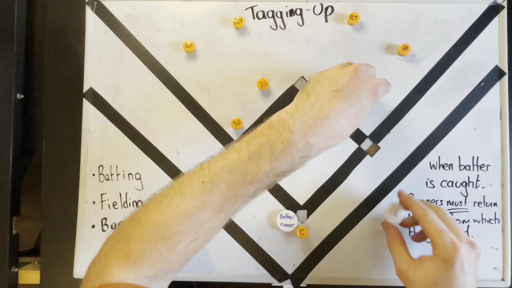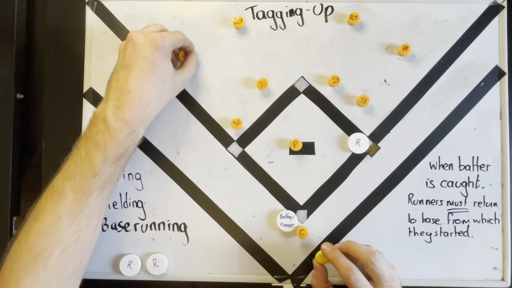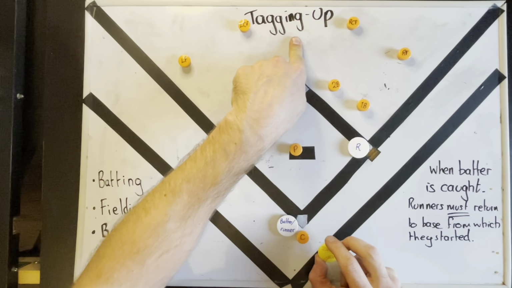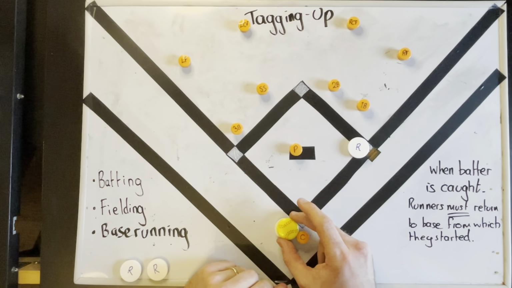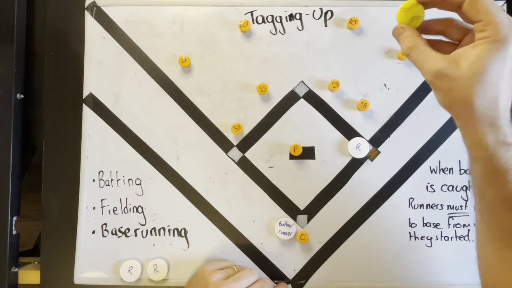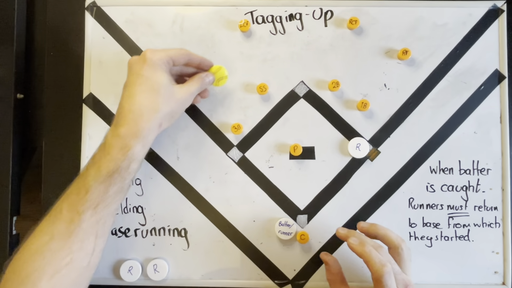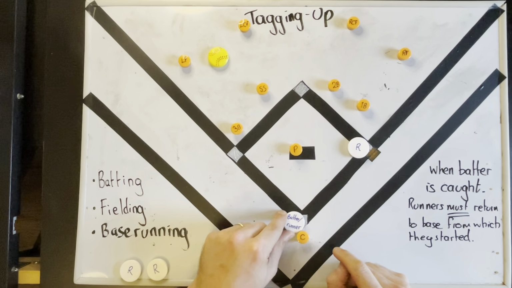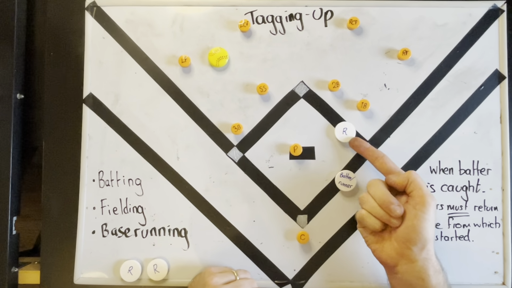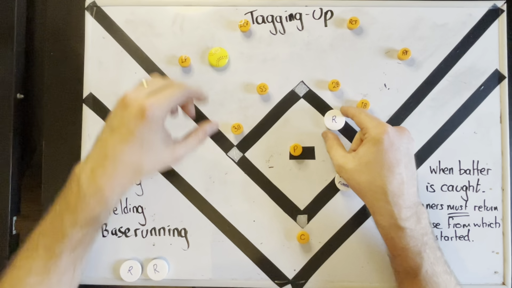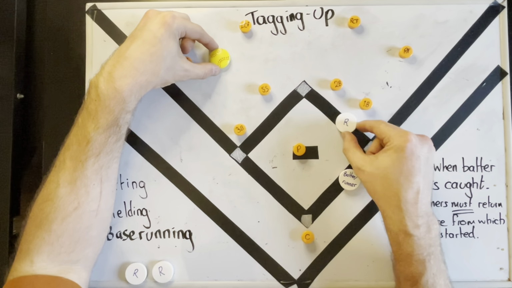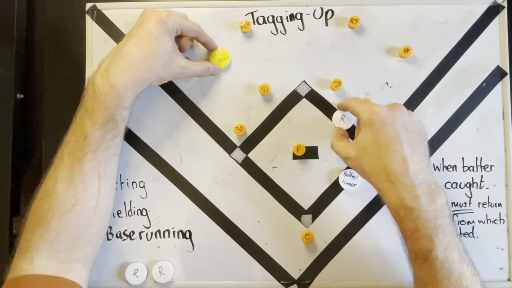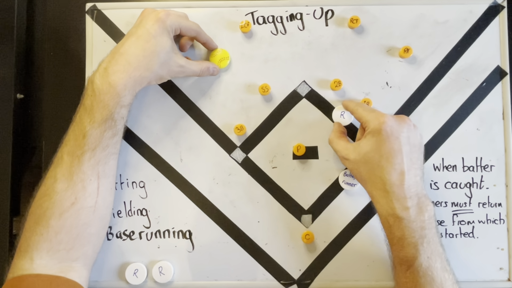So, how do we get around the tag up play? Let's say the ball is hit in the outfield. Now it's in the air, okay? The ball's in the air somewhere. Let's put it here. The batter's going to be running. The runner from first is forced. So, rather than run all the way to second, the runner is going to say, you know what?